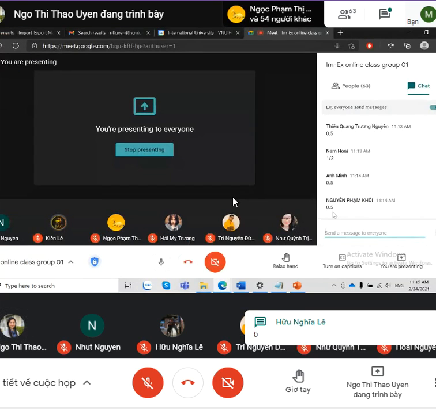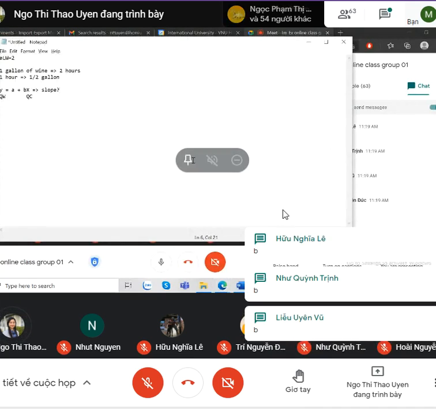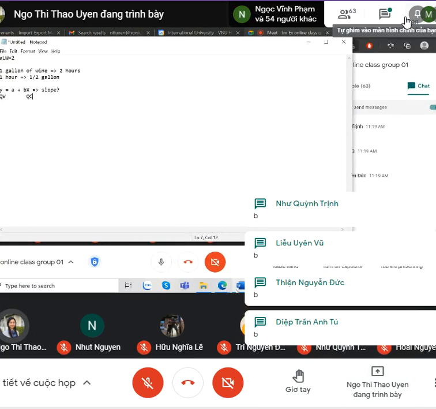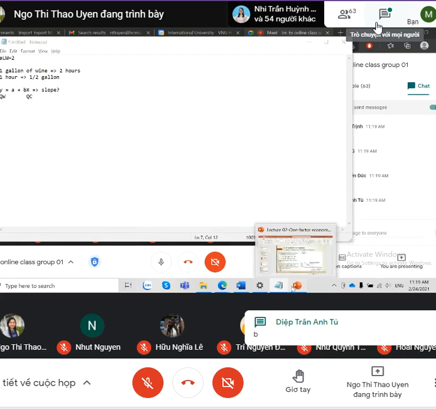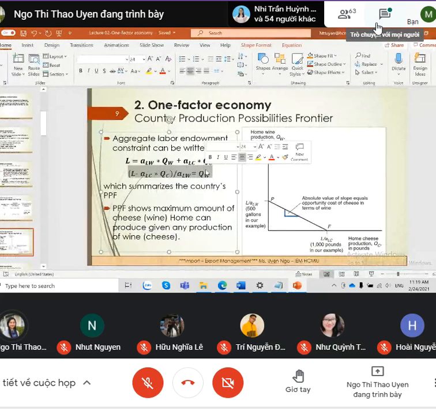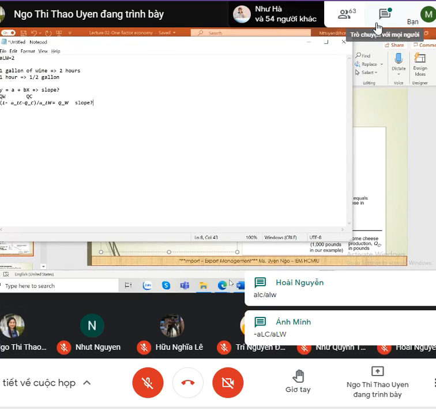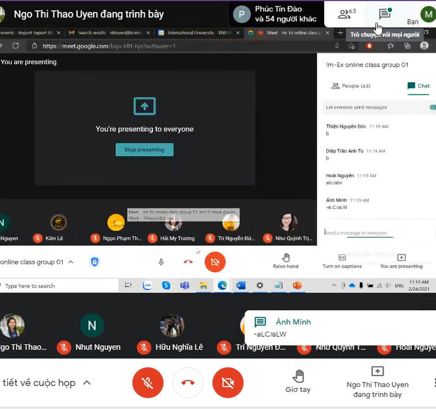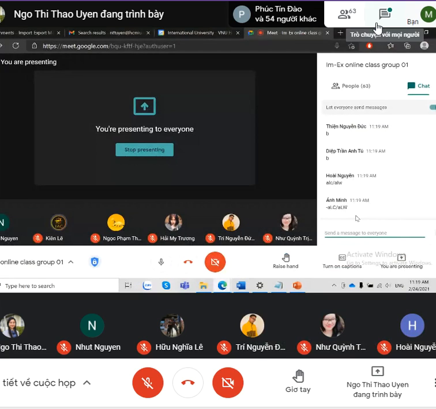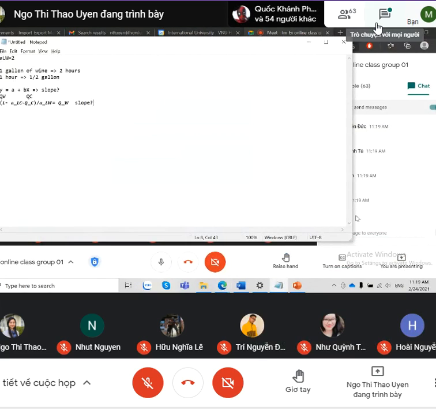Slope, B, right? So in our function of QY and QC, what is the slope? Look at that. Everyone, what is the slope?